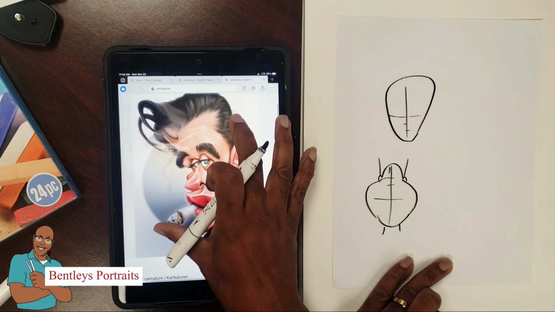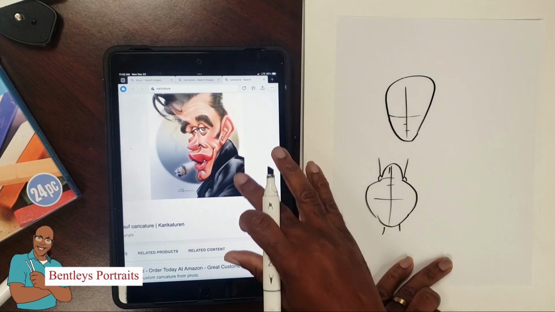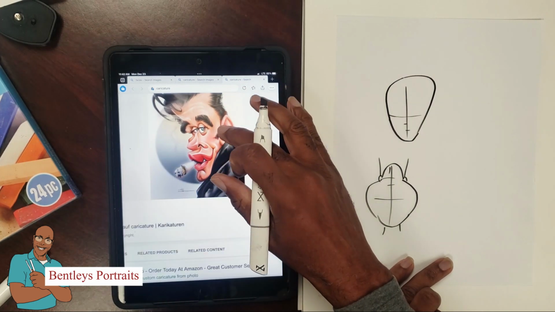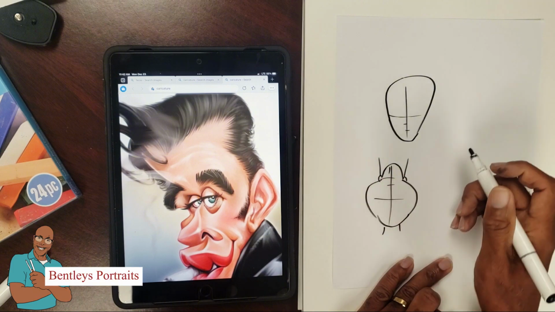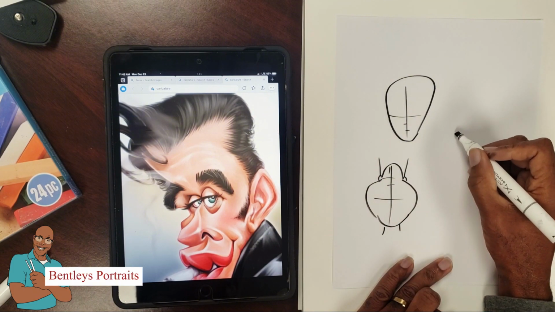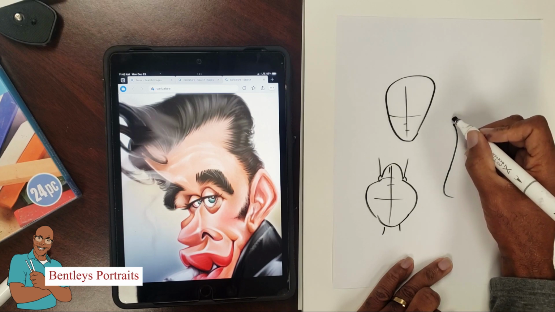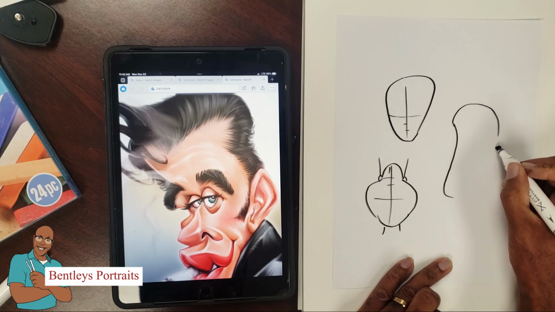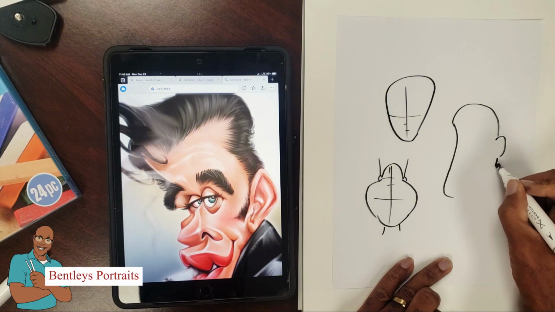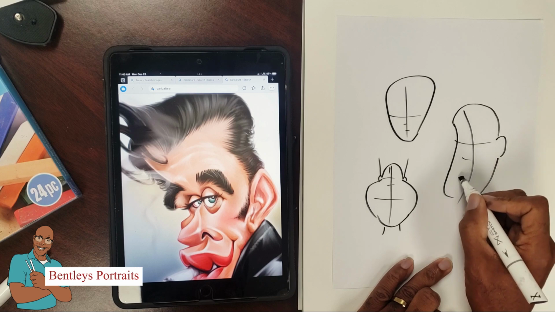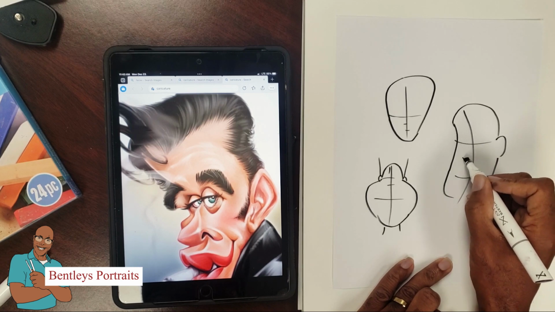This next drawing here is very interesting. They made a curvature of the face. And so when it comes to doing caricature and exaggeration, it is all on you as far as what you want to do and how you want to express your art.